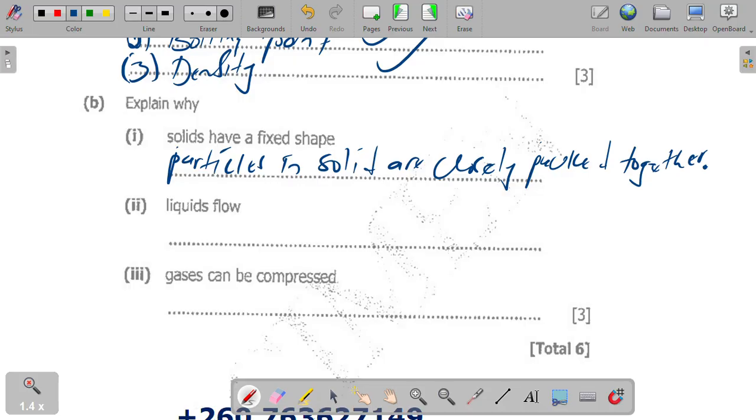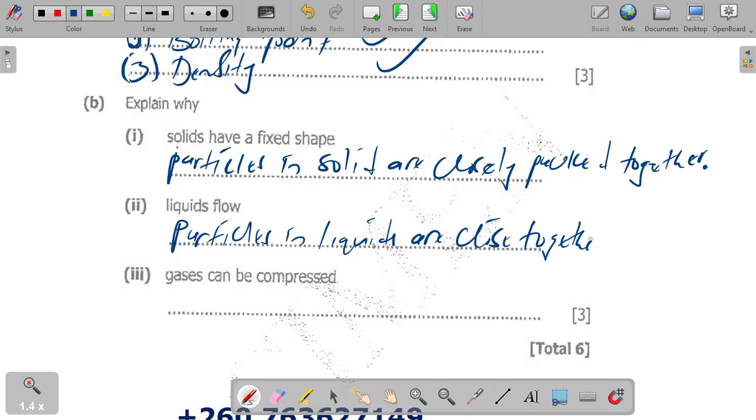Explain why liquids flow. Okay, so you can mention here, particles in liquids are close together, but not fixed.